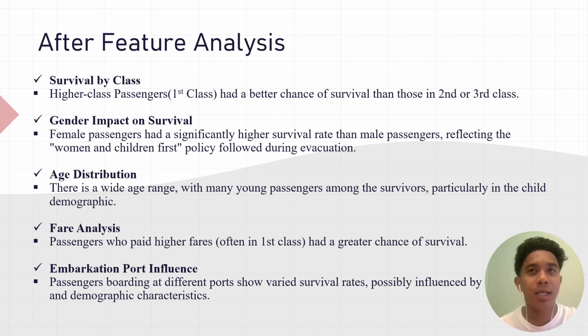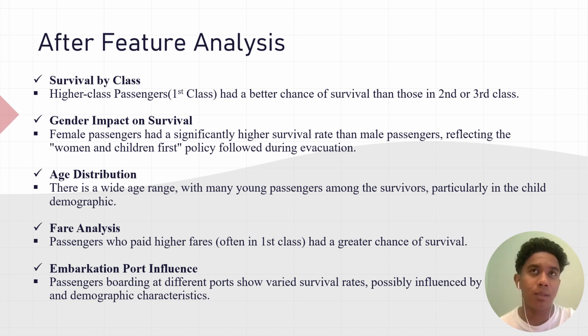The second finding is the gender impact on survival, which means female passengers had a significantly higher survival rate compared to male passengers, reflecting the women and children first policy followed during the evacuation.